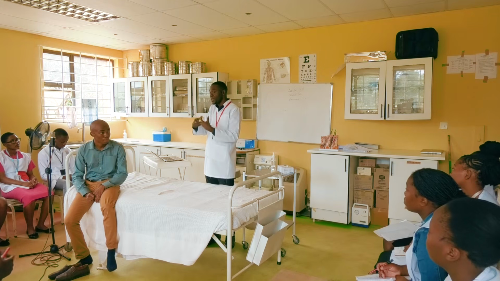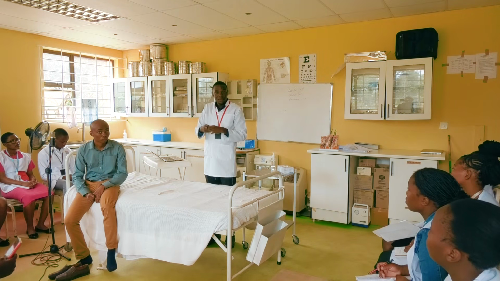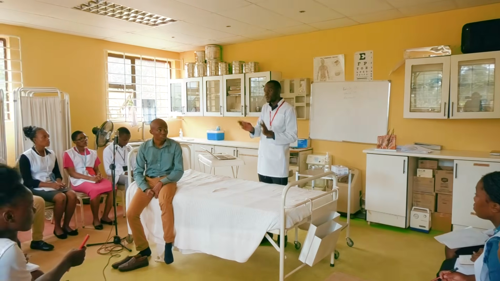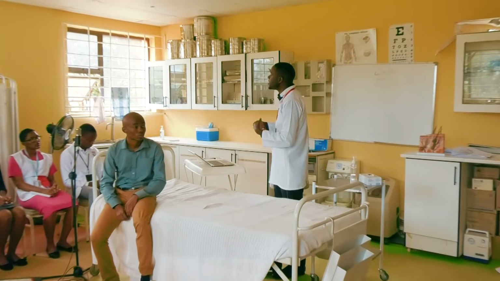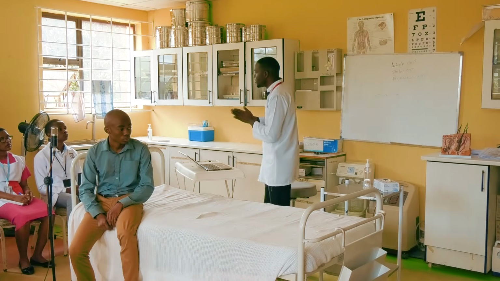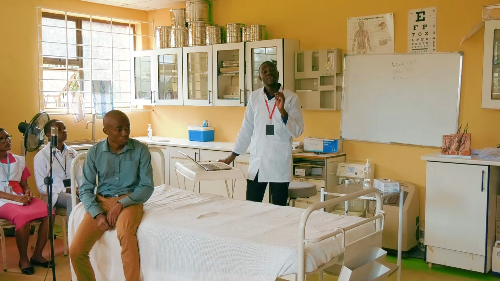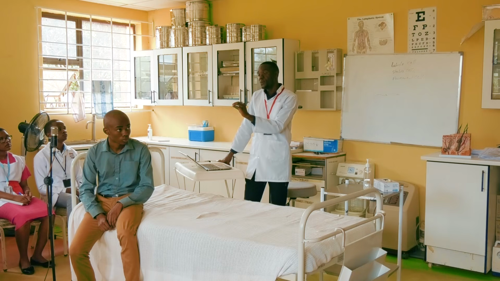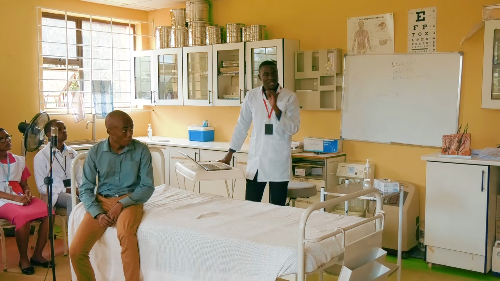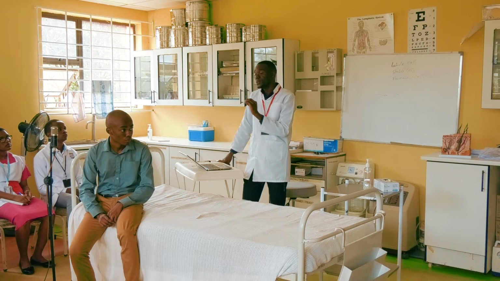Whatever you're going to do with the patient will remain there because you have screened and you're going to do the procedure, isn't it? Unless they insist to say, no, I cannot do this, because you need to appreciate also the culture. You can call another nurse to come and assess. Are we together? But make sure that the nurse who is assessing that particular patient is also competent with whatever they are doing. Are we together? Okay.